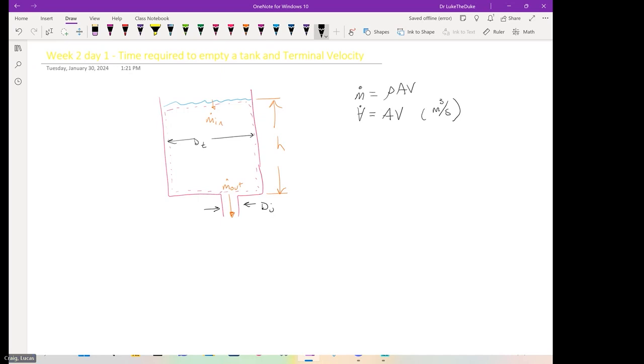Okay, cool. Now, what I was talking about is this fundamental equation. The change in mass of this control volume, or the water in your tub, over time is equal to the mass flow rate in minus out, right?